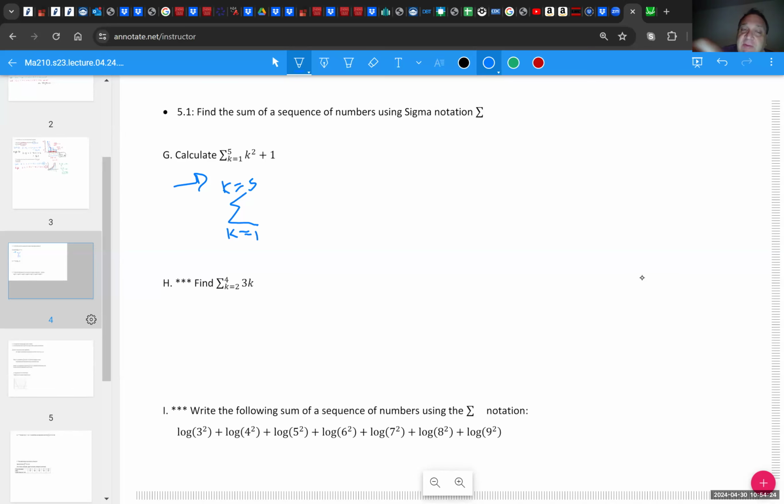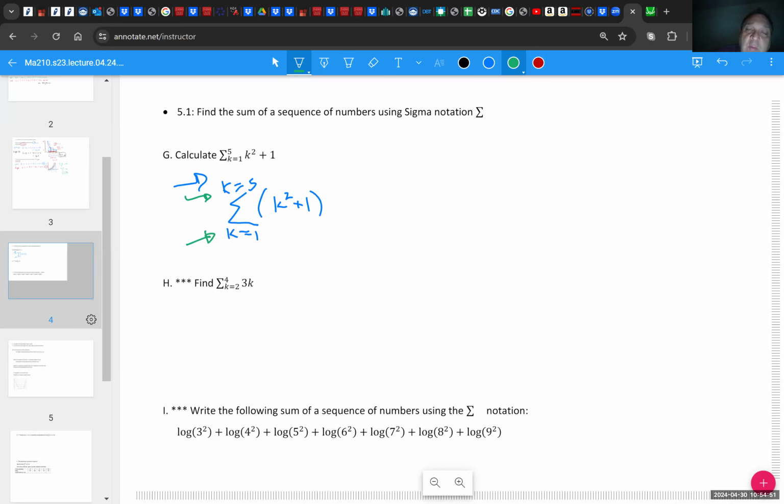And then what we're computing for each of these k values is a formula, k squared plus 1. I can even write that in parentheses because that's the function where I'm going to be substituting the different values of k, so I can find out the different values of the function. So let me go ahead and do k equals 1 to k equals 5. Again, this is counting by ones.